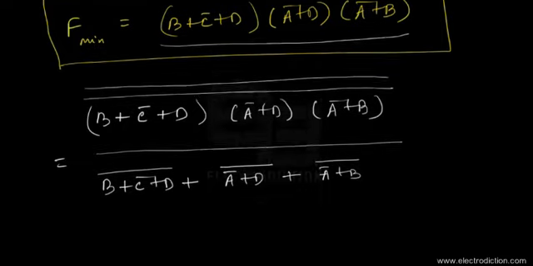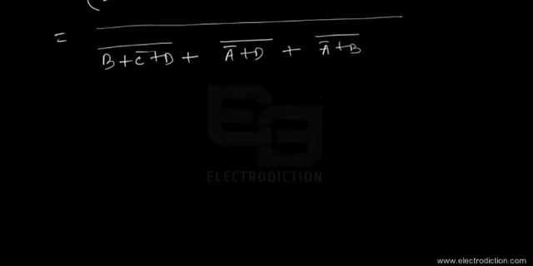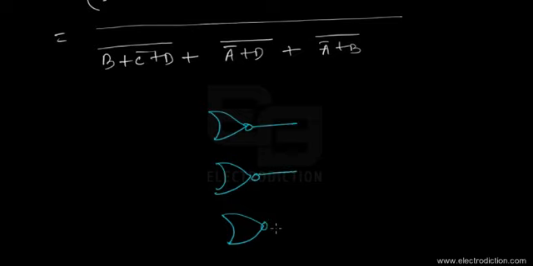If we take NOR gates together, we'll need basically 3 NOR gates: that's NOR gate number 1, that's 2, and this one's 3. The first NOR gate would have 3 inputs, and the other two will have 2 each.